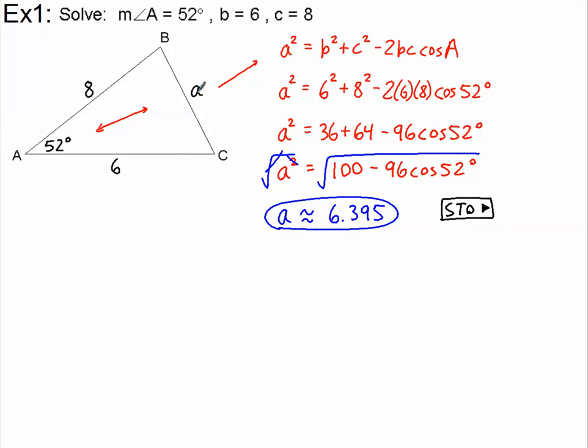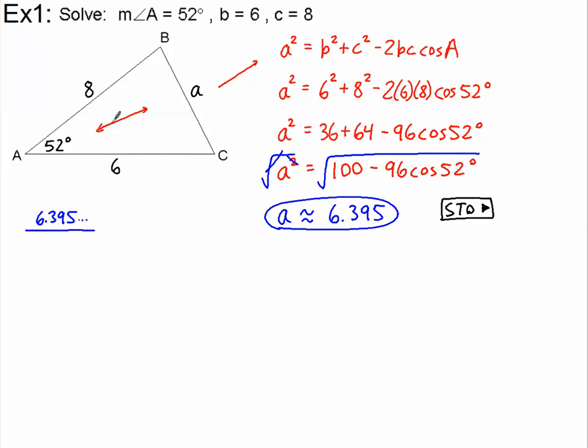So now that we have angle A and side A, we can use the A ratio and now go to law of sines. So I'm going to do that. Let's go to a different color. I know that 6.395, I use a little dot, dot, dot. That's just a symbol for me to know that I'm using an exact answer, something that's stored in my calculator.